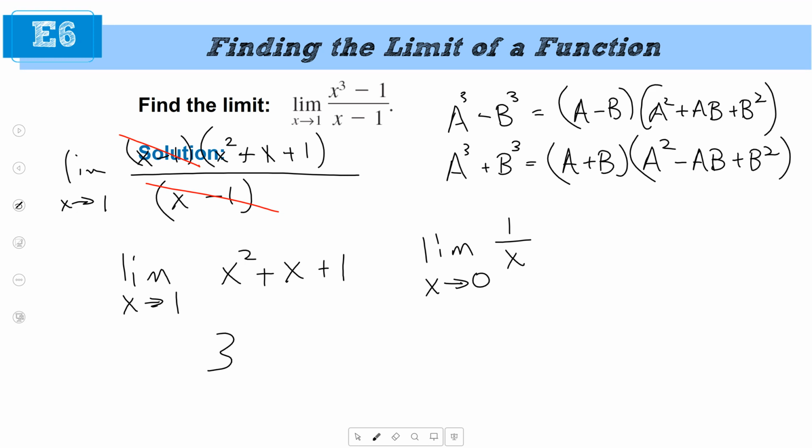So, for instance, what I would like to talk about is what happens when you have a number over a variable and that variable approaches 0? What happens when the denominator of a fraction gets very, very close to 0? What happens to the fraction?